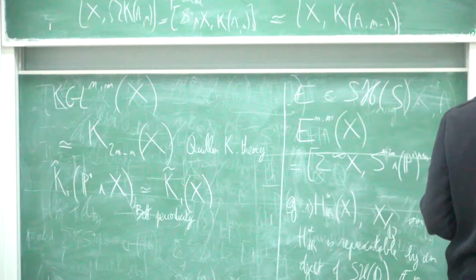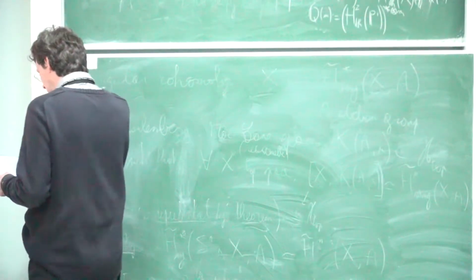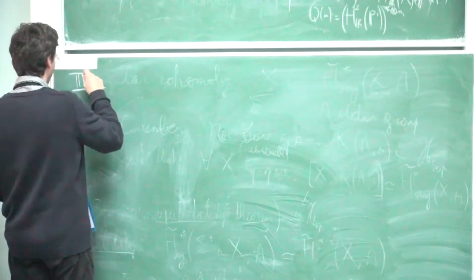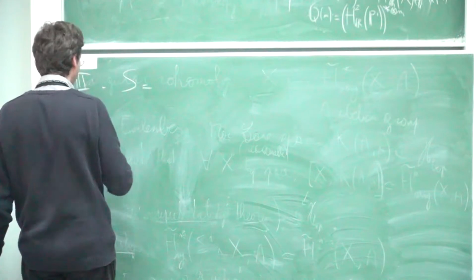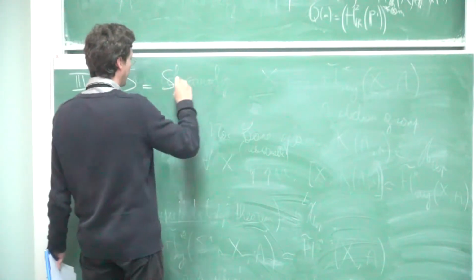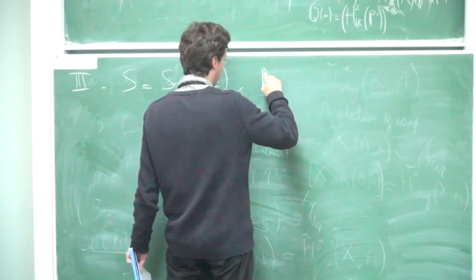Now the links with motives. So let's recall briefly the theory of Grothendieck motives. I'll take S, just to state the theorem, to be the spectrum of an algebraically closed field.